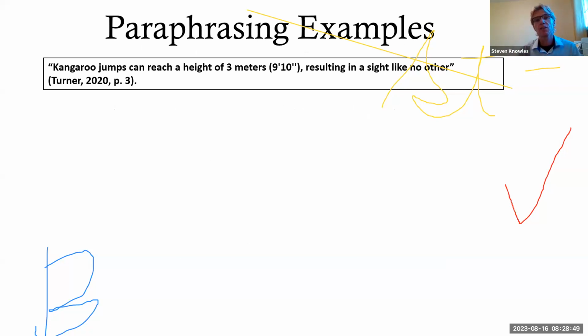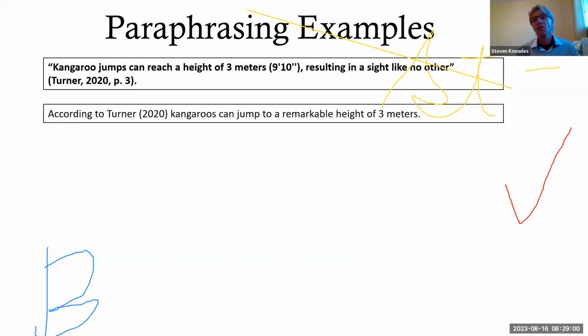Kangaroos can reach a height of 3 meters, 9 foot 10, resulting in a sight like no other. So this is the actual quote from the book. If I'm writing my paper, I could bring in that information and change it a little bit in a paraphrase. I could write, according to Turner, 2020, kangaroos can jump to a remarkable height of 3 meters.